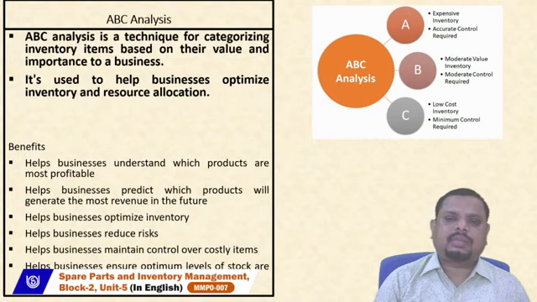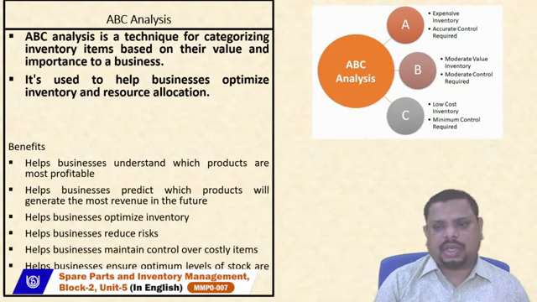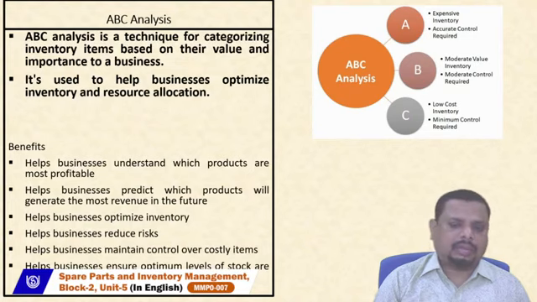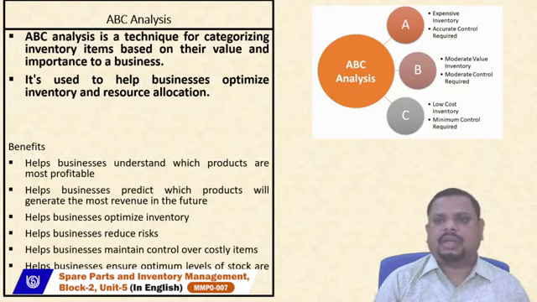Let's take an example of a healthcare organization. Diagnosis machines like X-ray machines and MRI machines are very expensive inventories, and accurate control should be required. Healthcare organizations maintain only one or two such machines.